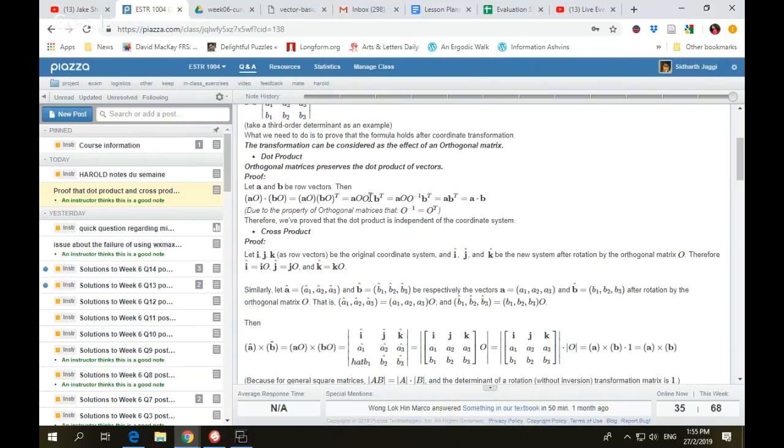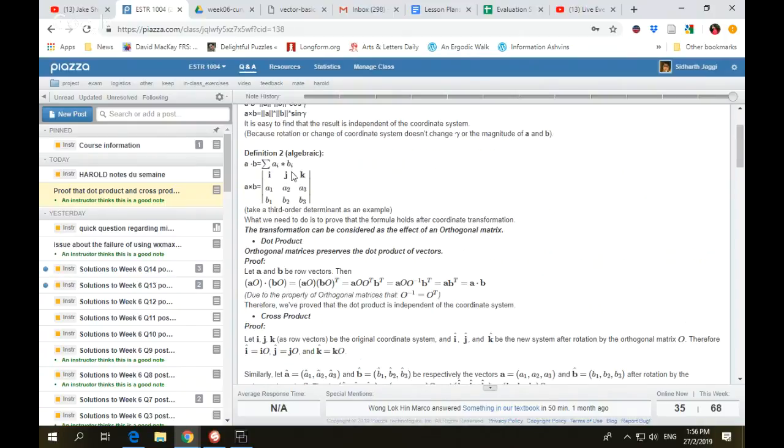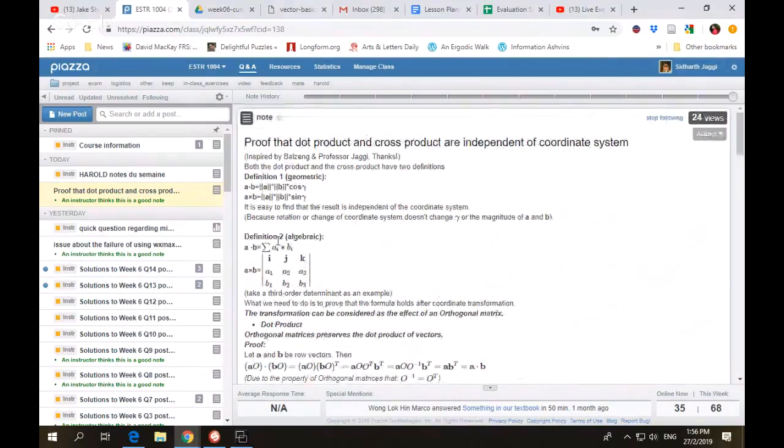Then we use the usual property of transposition and the fact that the inverse of an orthogonal matrix is its transpose, and therefore we get that the dot product between the original vectors is the same as the dot product of the new vectors, right? So the algebraic definition of this dot product remains the same before and after, right?